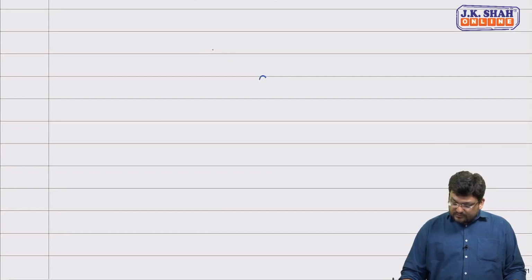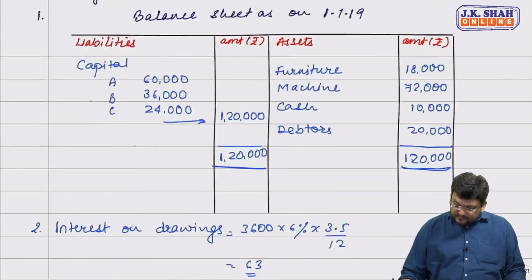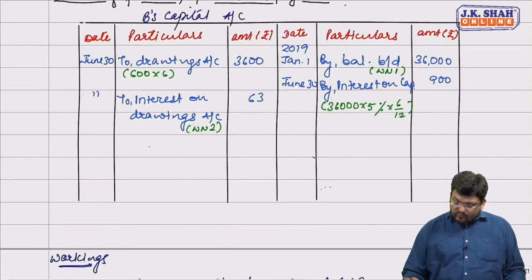So for this profit, what should be the entry passed? Joint life policy to partners capital. Joint life policy to B's capital.